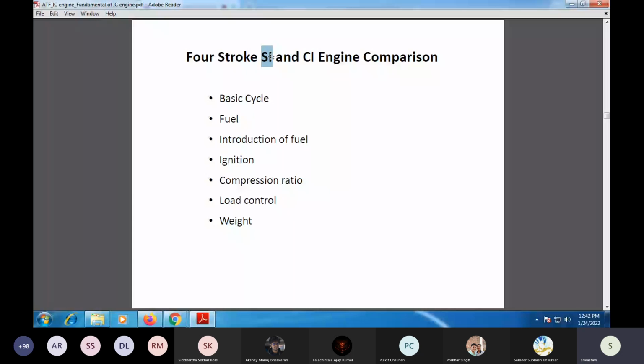Apart from gasoline, which fuel can be used for a spark ignition engine also? Tell me. I hope some of you have experience also. You have seen already.